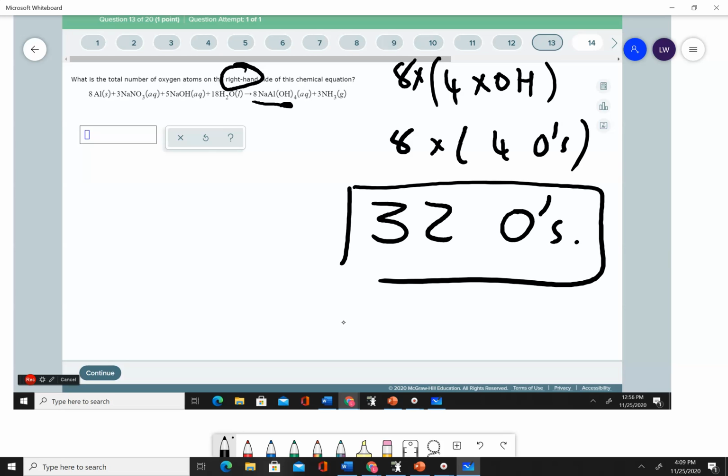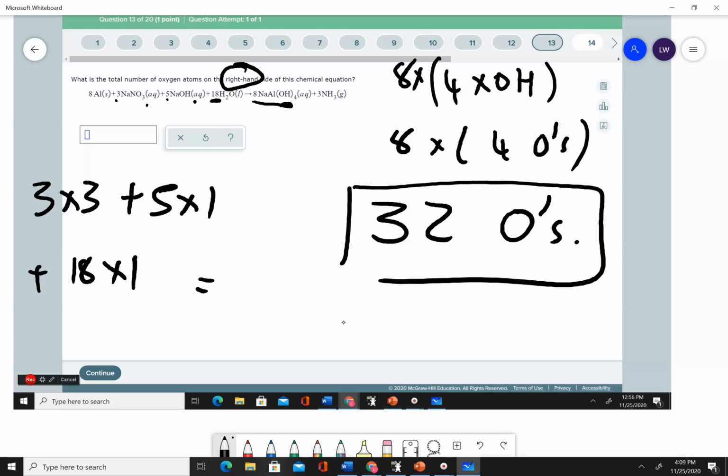So, like I said, it doesn't matter whether you do the left-hand side or the right-hand side. Let's do the left-hand side. So 3 times 3, and then we've got 5 times 1. And then finally, we've got 18 times 1. And if you add all of that together, 9 plus 5 gives me 14, plus 18.